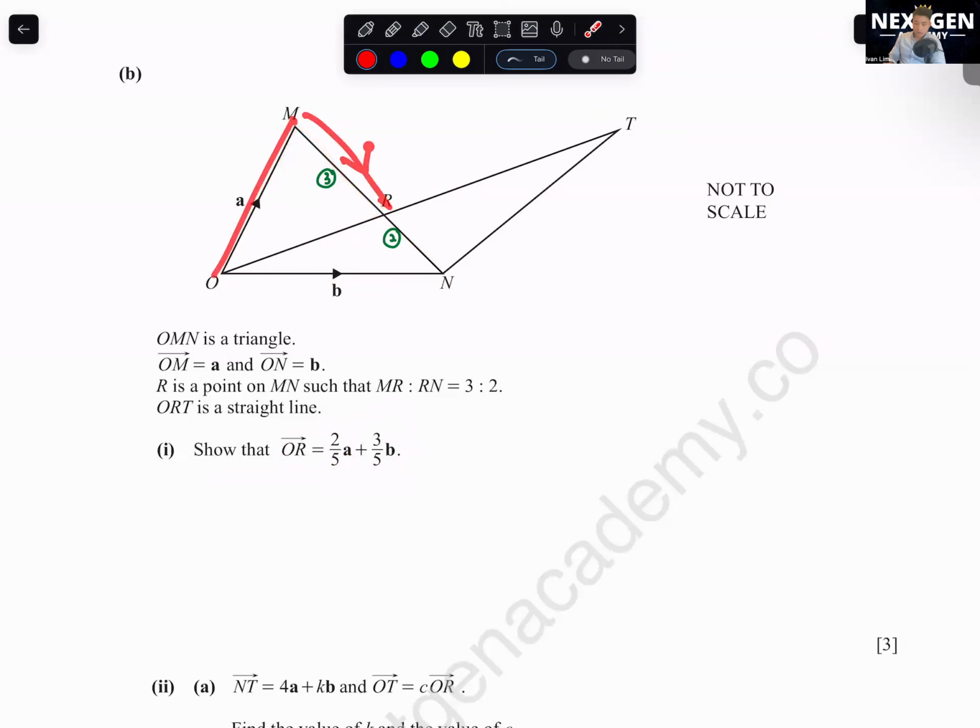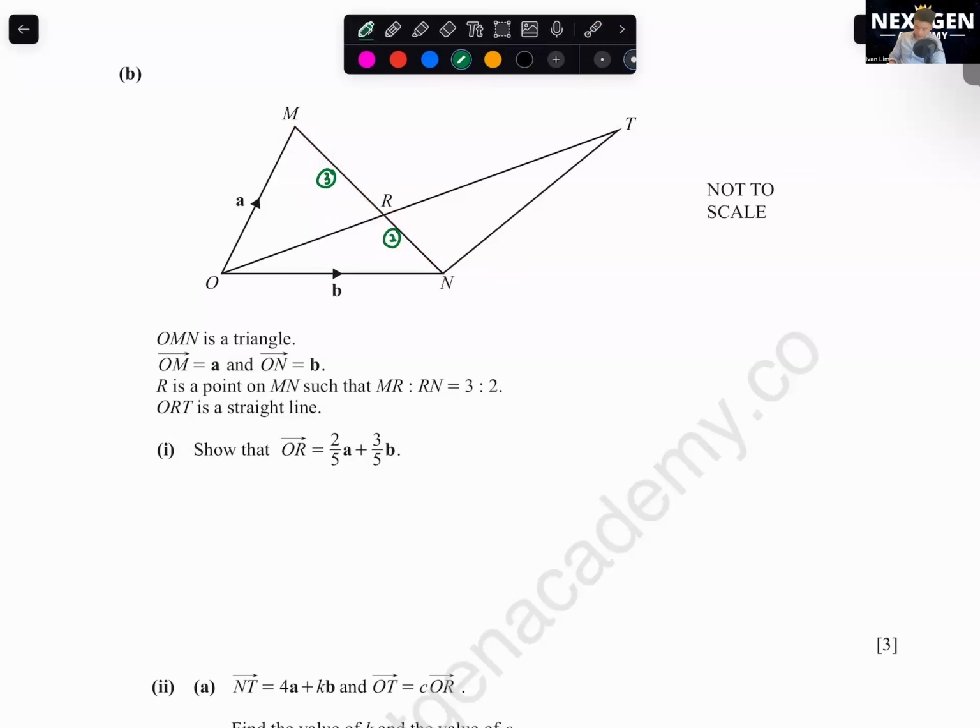I need to find what is MR here. Can I find what's MR? For me to find MR, I need to find MN, which is this part here. Okay, I need to find MN. Then I find 3/5 of MN. Got it?